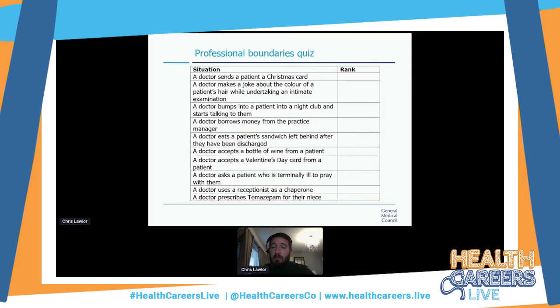So it depends what the message is on the card, depends what the intentions are of sending this card, certainly depends on the circumstances. And yeah, perhaps thinking about, are we giving certain patients favoritism in different scenarios?